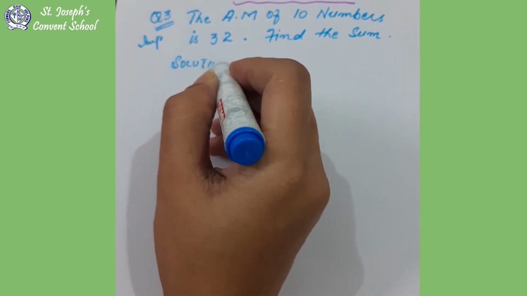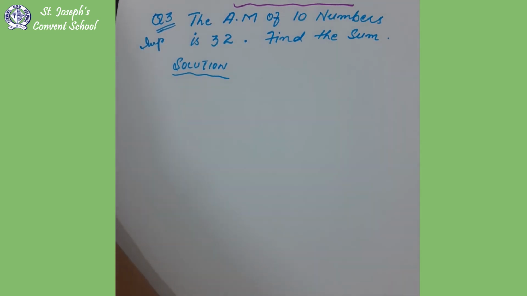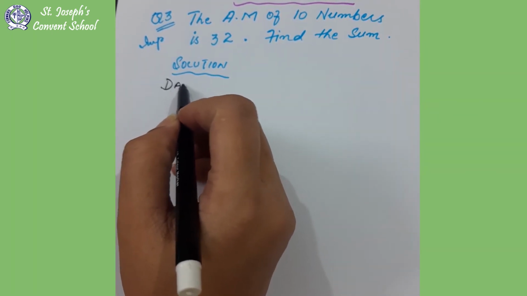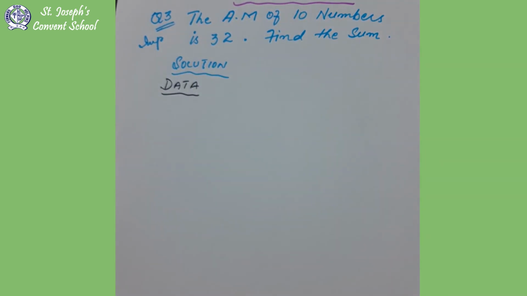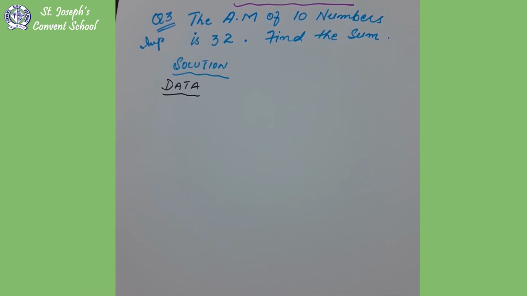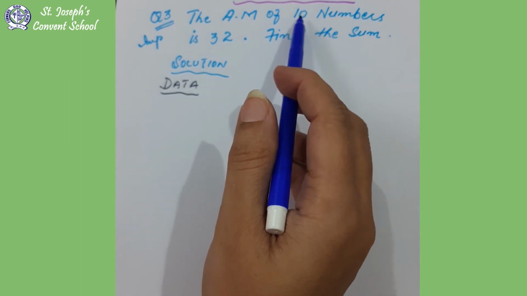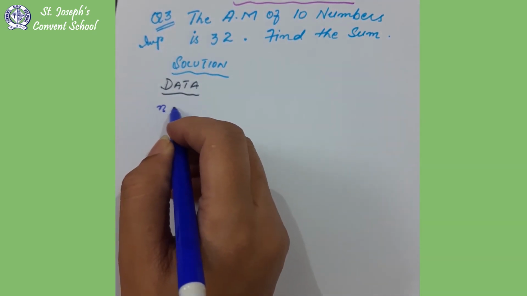So what we are going to do, we will write the data first. Data means what is given in the question. Given in the question is the arithmetic mean of 10 numbers, so n is 10.